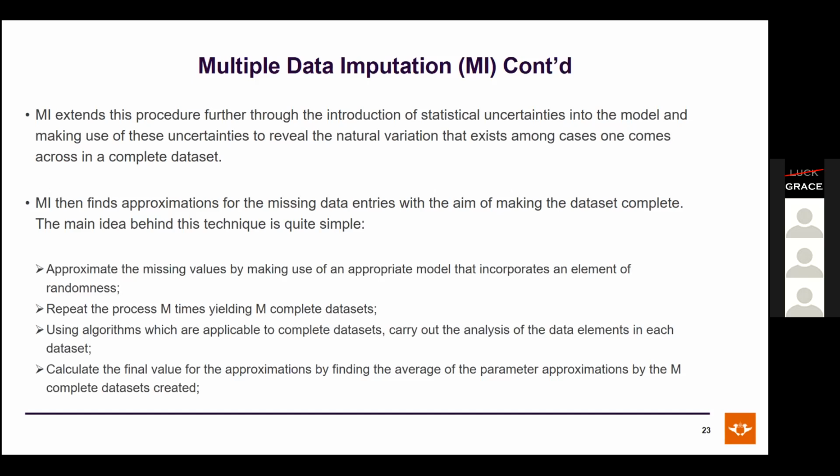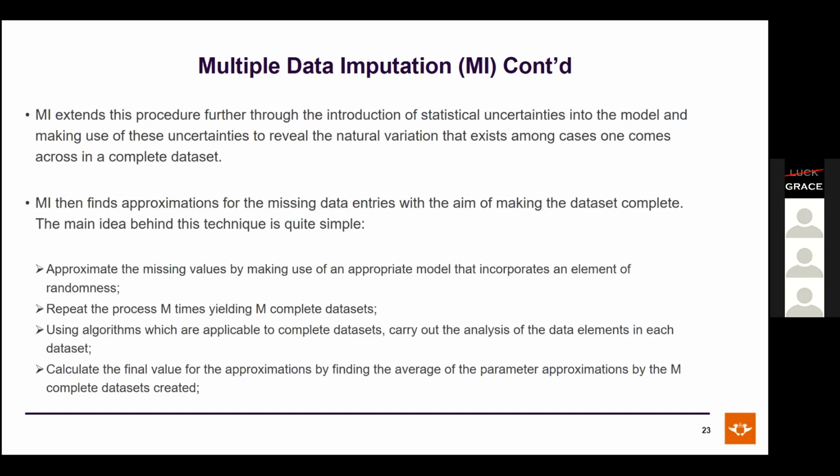So in this case, we say it uses the average. It uses the mean from, if we did 10 different data sets with 10 different imputed values, those 10 values divided by 10.